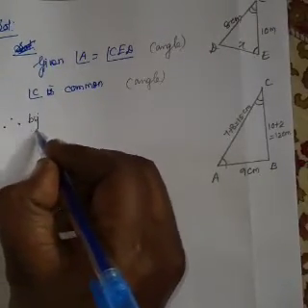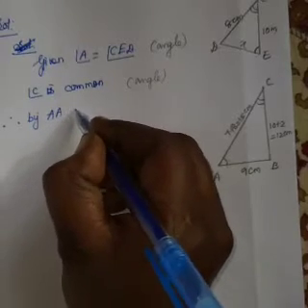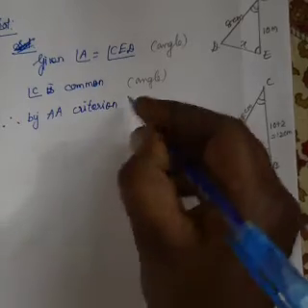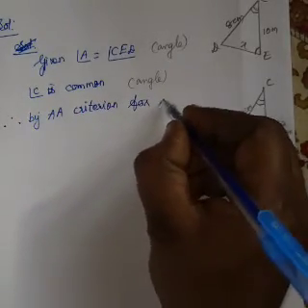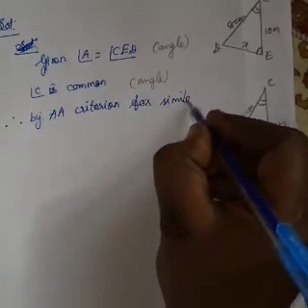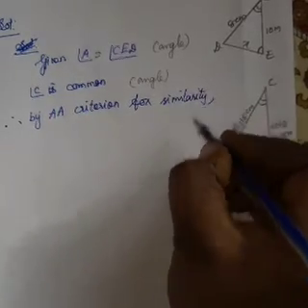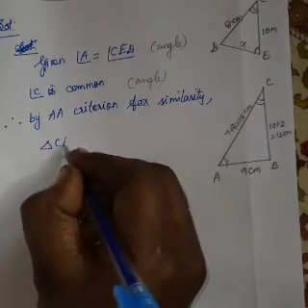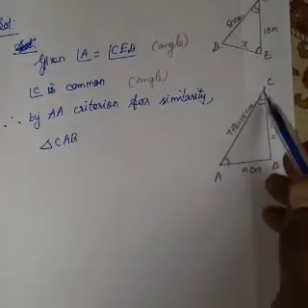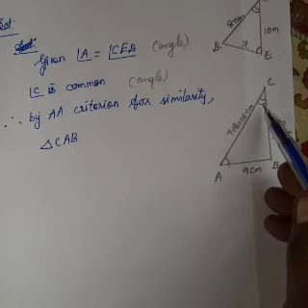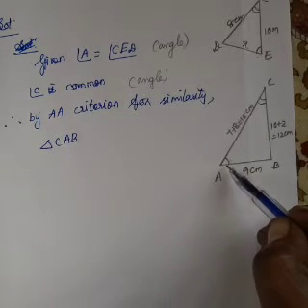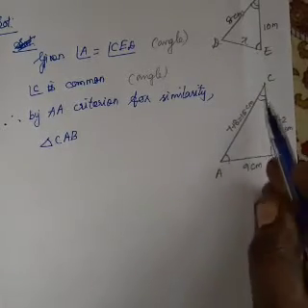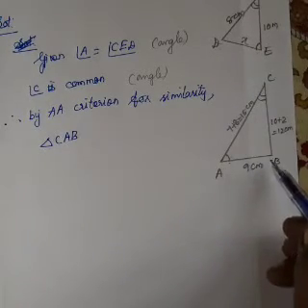Therefore, by AA criterion for similarity, triangle CAB, okay, CAB: C is the common angle, A is the equal angle with angle E. So we consider the triangle name is CAB.